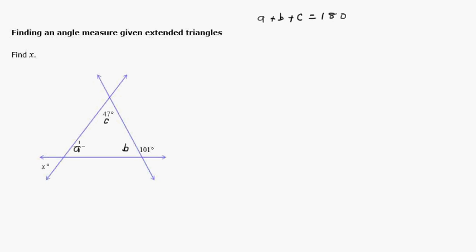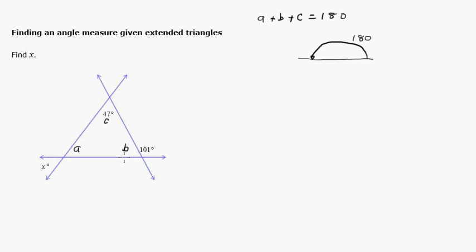So that's one thing that we can use. The other thing is that if we have an angle that makes a straight line, and the whole angle goes from one point to another point on the same line, then that's also going to be 180 degrees.